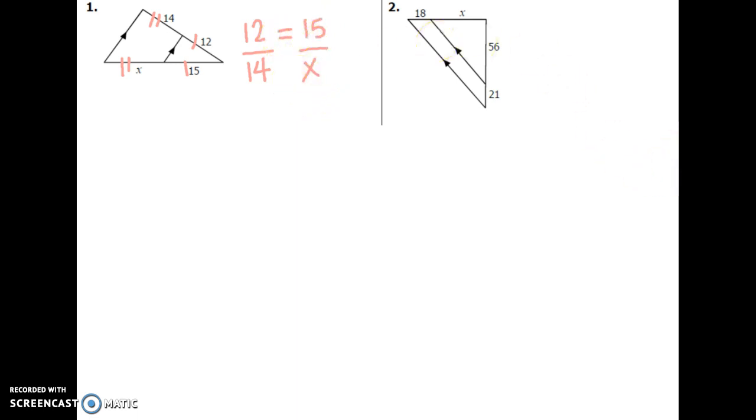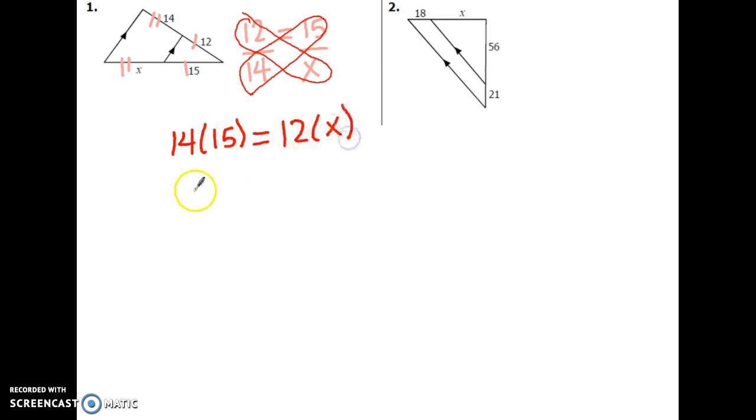So from here on, we can do our trusty butterfly. So 14 times 15, and then 12 times x. So 14 times 15 will be equal to 12 times x. 14 times 15 does equal 210.